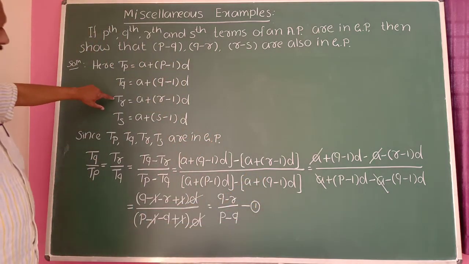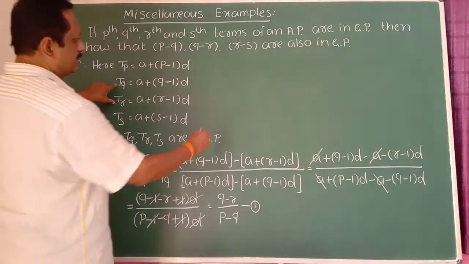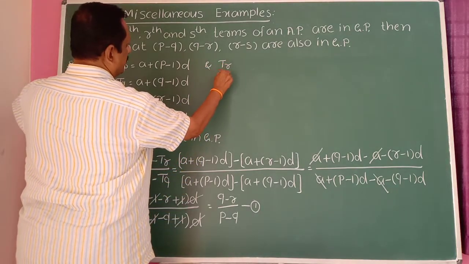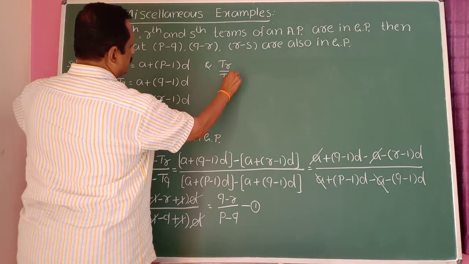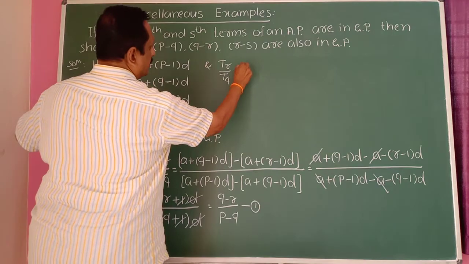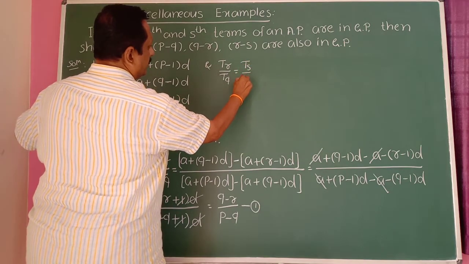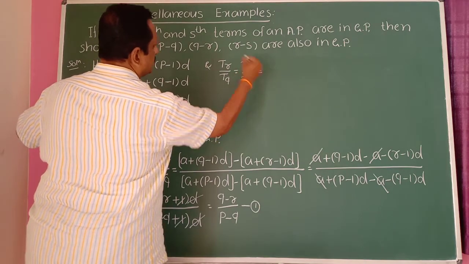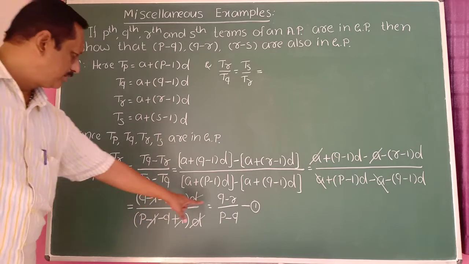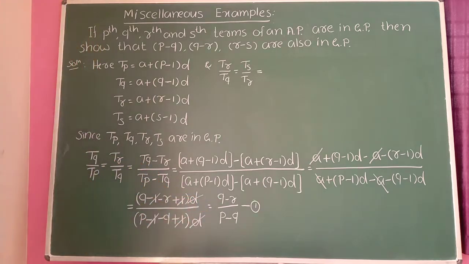Similarly, Tr divided by Tq is equal to Ts divided by Tr. Ts divided by Tr is equal to, using this result here, Tq upon Tp is equal to Tr divided by Tq, which is q minus r divided by p minus q.